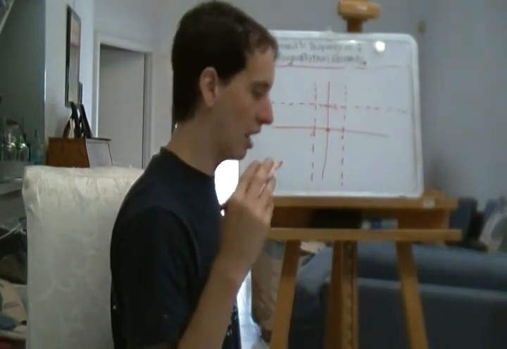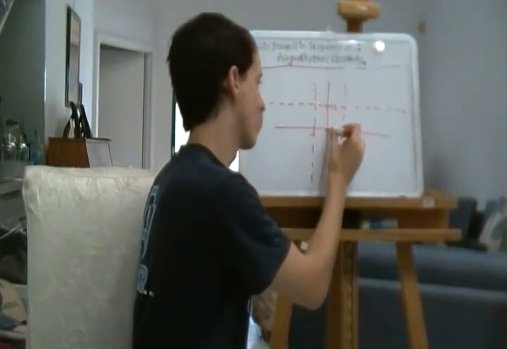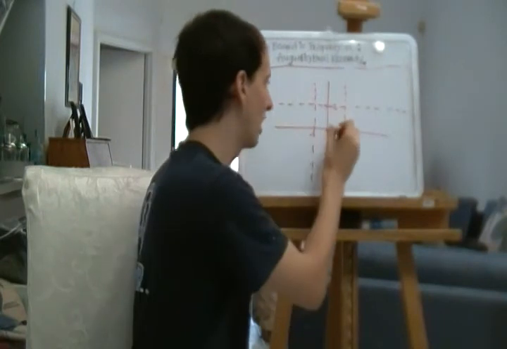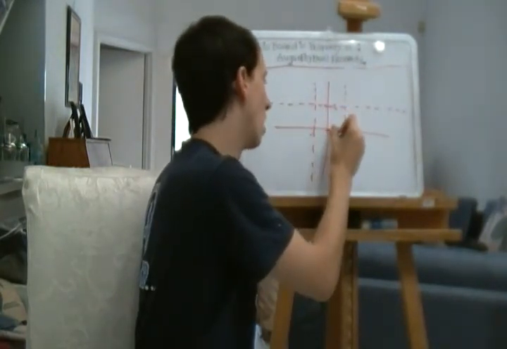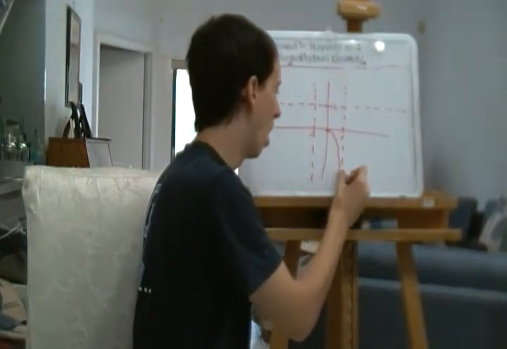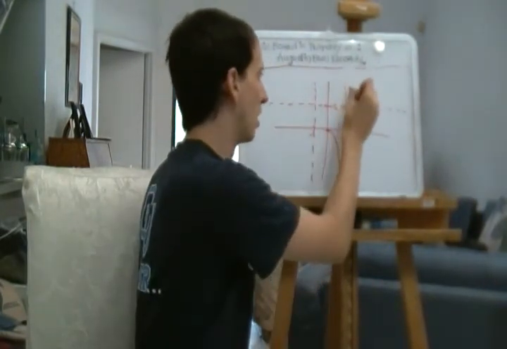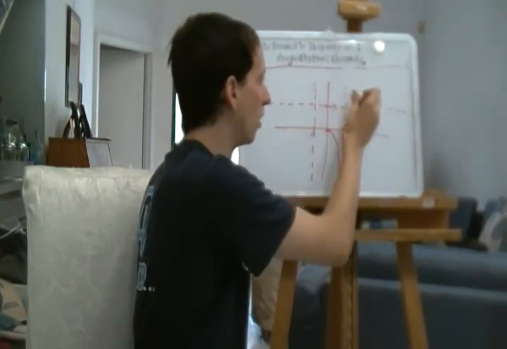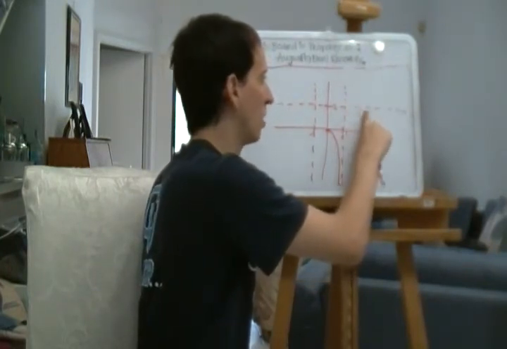We know that it's decreasing until 1, or on this side it's decreasing. So it's going to be decreasing, concave down, approaching that asymptote. And on this side, we know that it's concave up, so it can't be starting here, because that would be concave down.